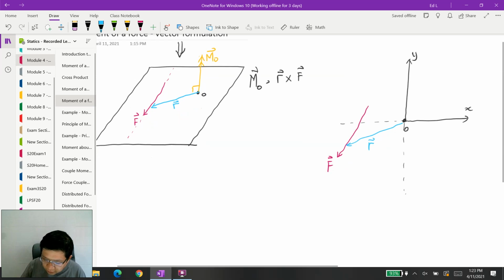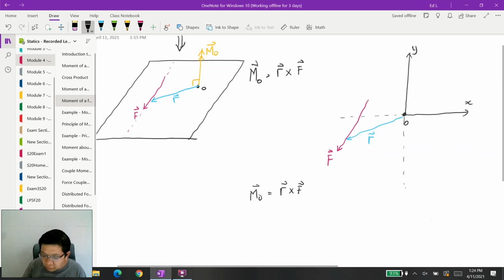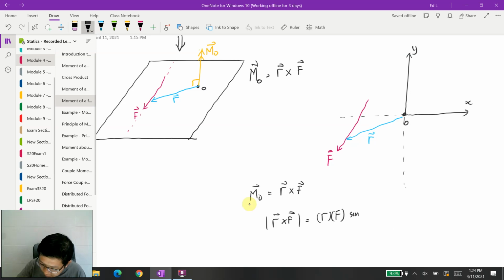Then we define the moment M_O equals R cross F. In the previous lectures, we have learned that the magnitude of R cross F can be calculated as the magnitude of the vector R times the magnitude of the vector F times sine theta.